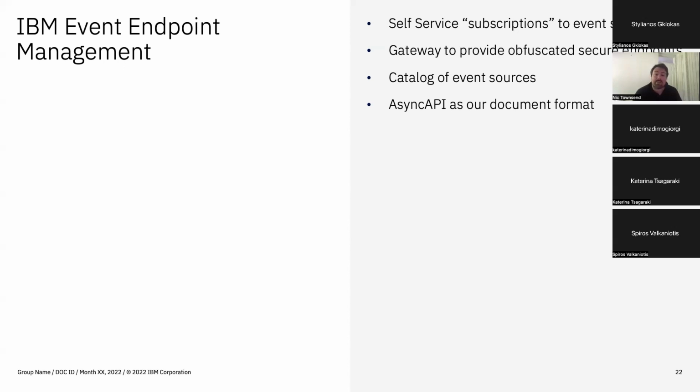And we use AsyncAPI as our document format. Simply by keeping to an open standard, it means that inside our catalog, if somebody were to download the AsyncAPI, they could generate their own applications. We can use the AsyncAPI to generate our own sample code. And it means that we can be aligned with the growing open specification for providing the documentation.